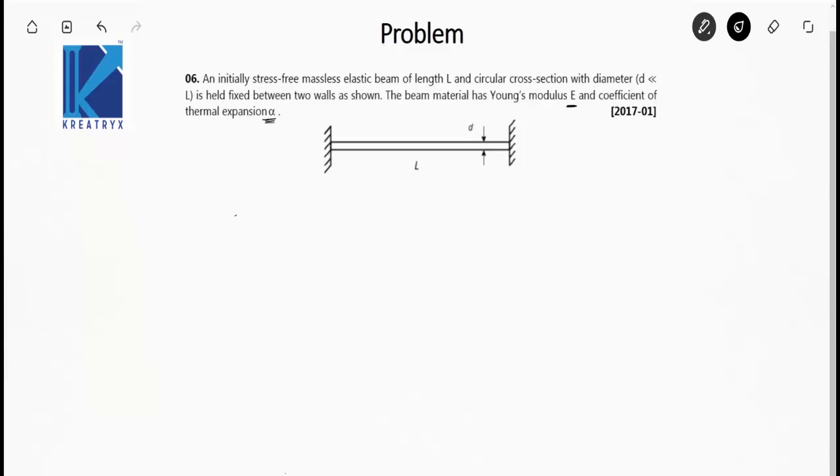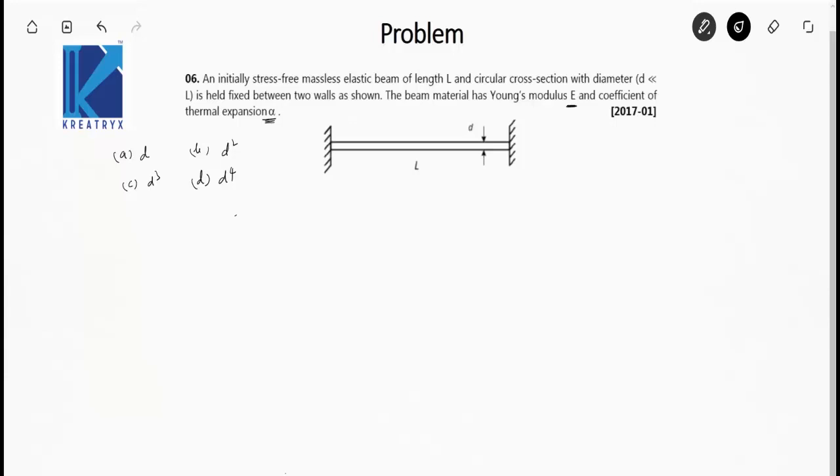The question is that if the beam is slowly and uniformly heated, the temperature rise required to cause the beam to buckle is proportional to, and the options are: it is proportional to d, or d square, or d cube, or d raised to power 4. So we have to find what the temperature rise is proportional to.